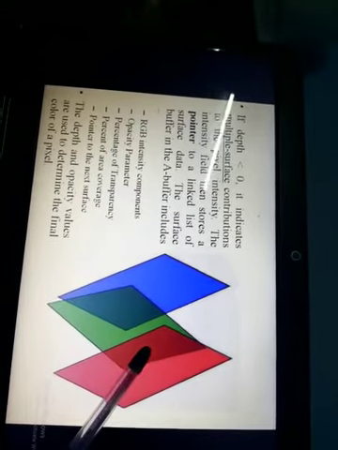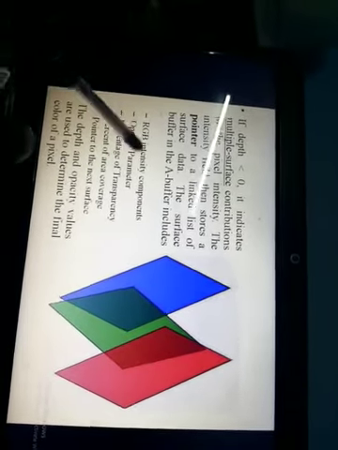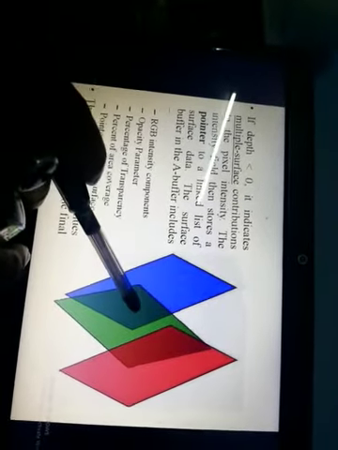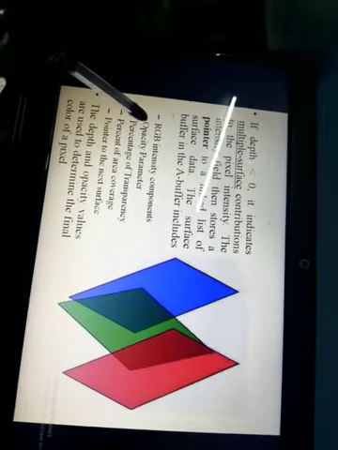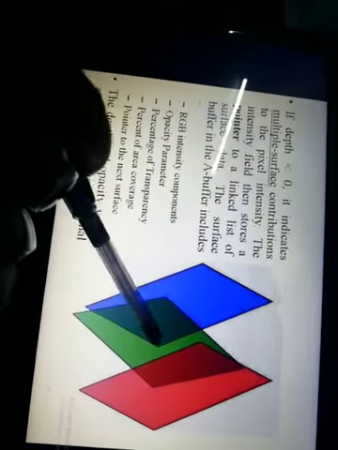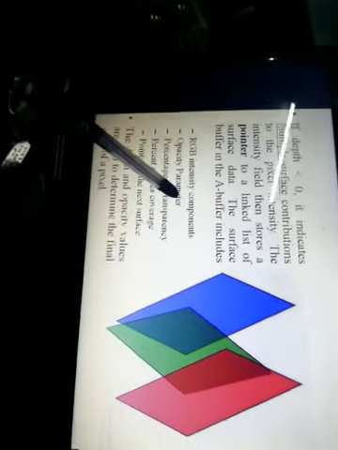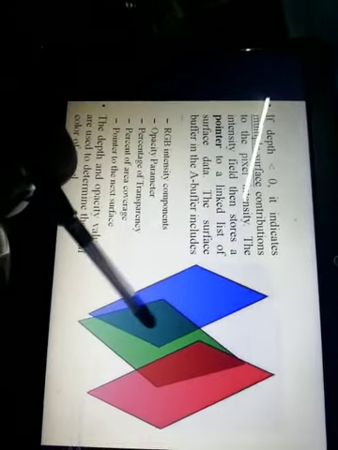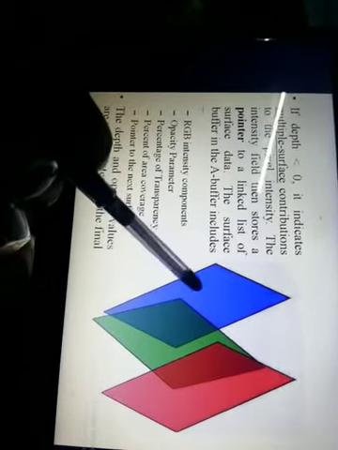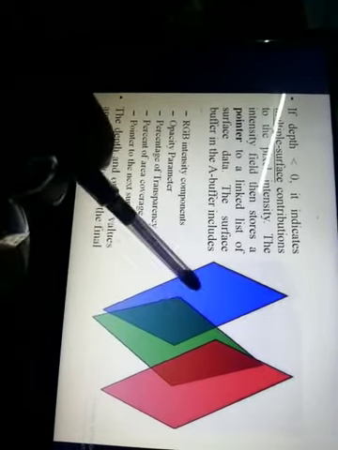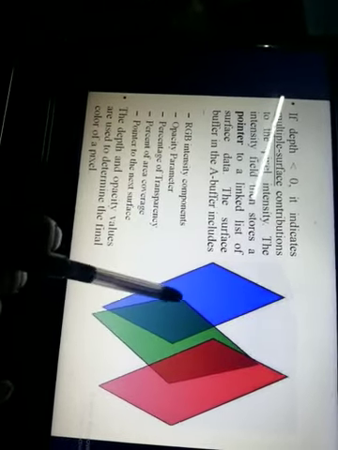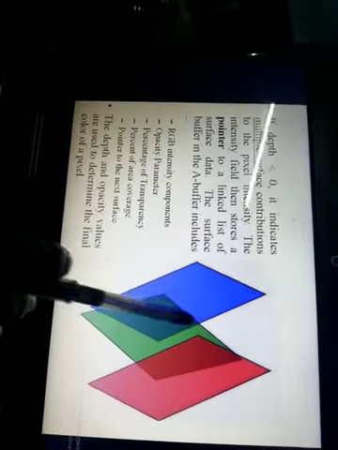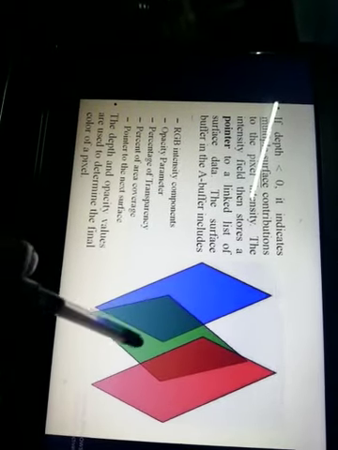It indicates that it contains RGB intensity components, which indicate red, green or blue intensity, and it contains opacity parameters, because this is the major advantage of this A buffer algorithm. Opaque means what is below is transparent, and the below one is also transparent. And the percentage of area coverage means how much of the pixel has been covered by this polygon.